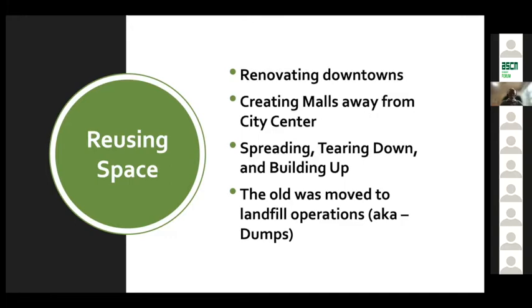But the spreading and tearing down and building up has also led to another different kind of economy. Not too many years ago, my wife's grandmother died, and she had a house in Los Angeles, just off a major thoroughfare, and about 2 blocks from a big mall.